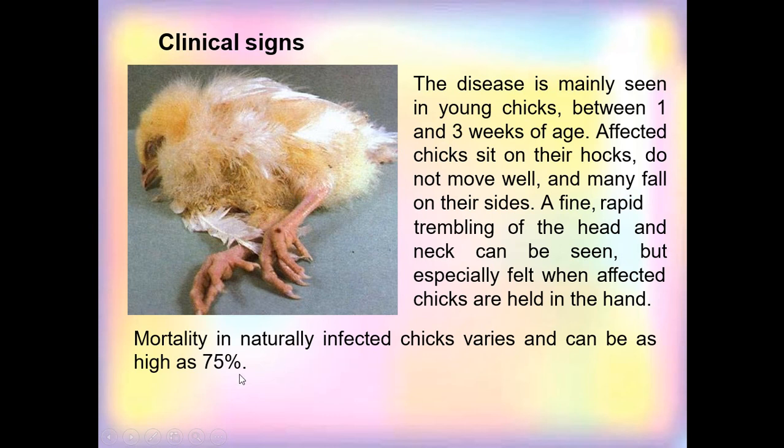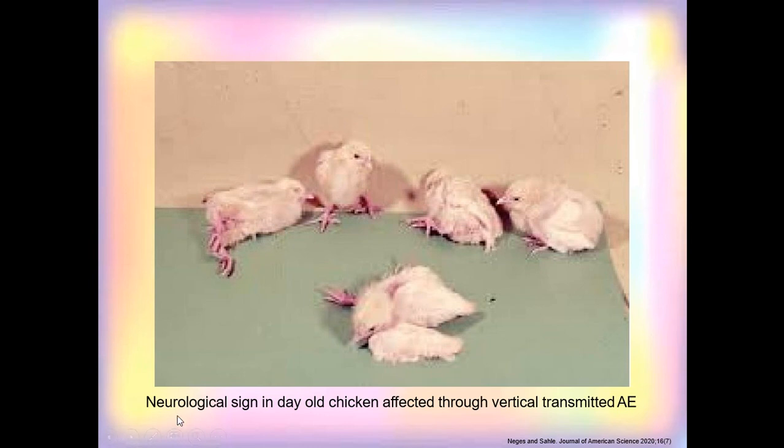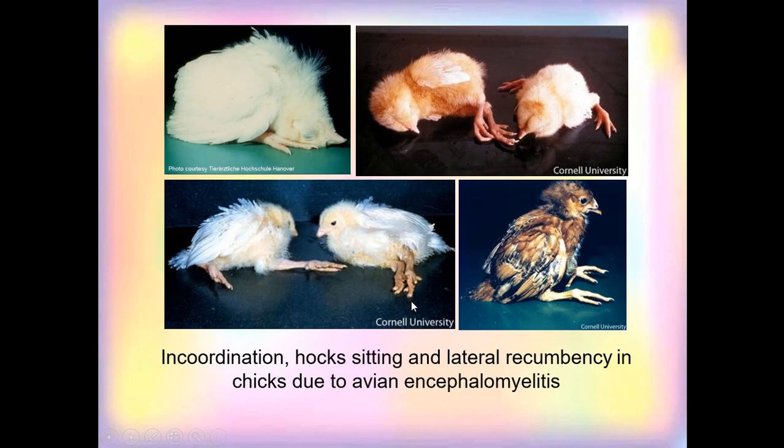And the mortality is high, up to 75% and even close to 100%. Here, this is the neurological sign in a chicken affected by AE. And you see the paralysis here. The chicken cannot stand properly because there is damage in the brain and also the spinal cord.